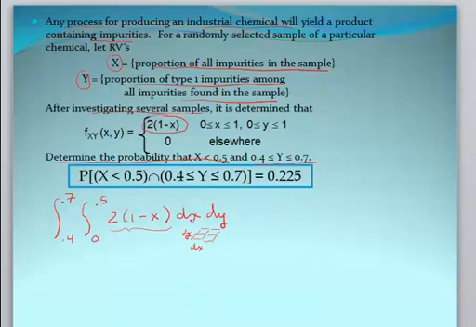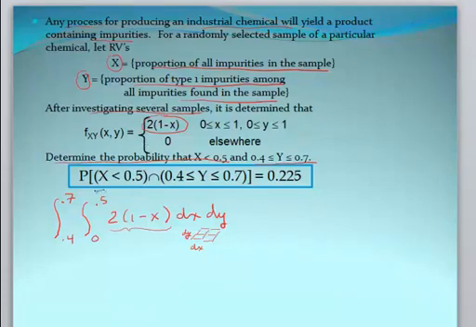Now you may say, I have no idea how to do this kind of integral, but it's really pretty easy. First off, we're going to do the dx part.